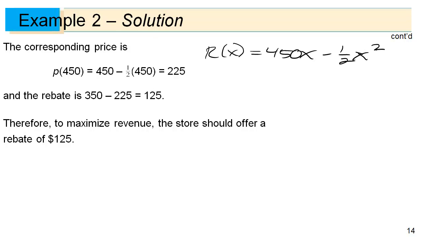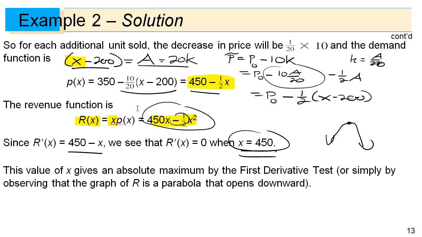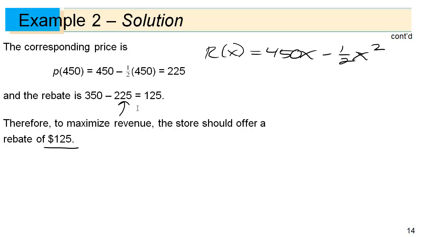We know that if we give them a rebate of 125, the price ends up being 225, and then according to that, x gets maximized and becomes 450. Plug 450 into this function, and that'll give you the maximum revenue you'll make off of your players.